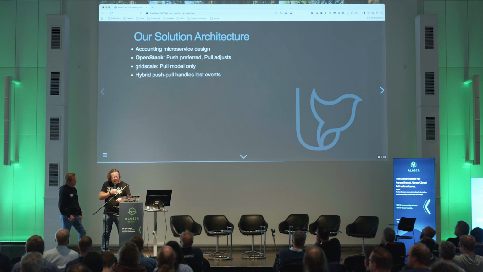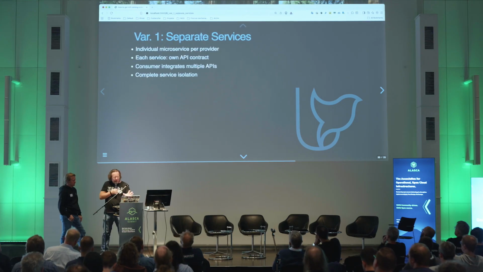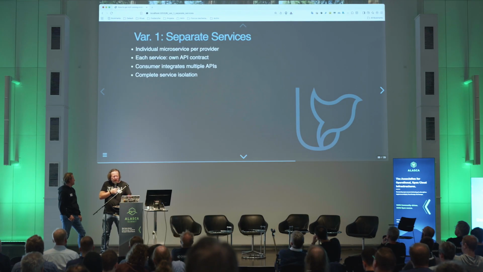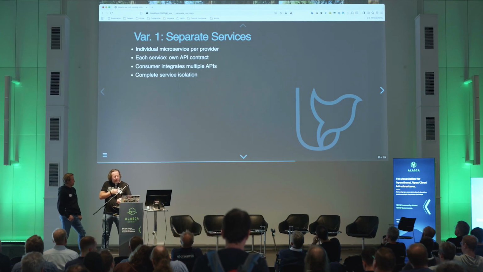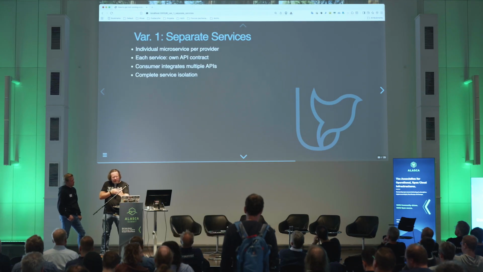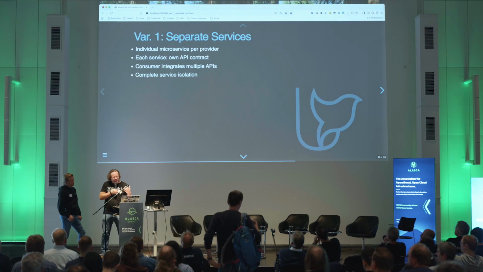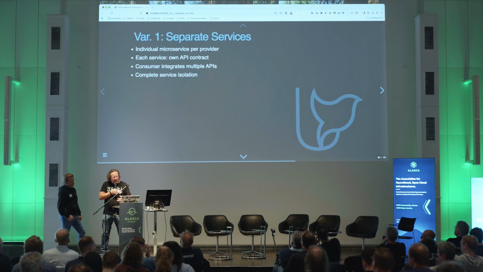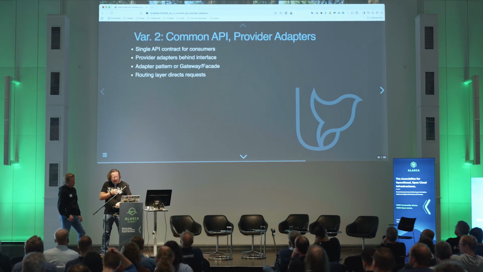As I said, I will focus on OpenStack, but we thought about several variants. We could just build completely separate services for each cloud provider, which has some drawbacks. You have to handle different APIs, consume different input data, and provide a complete isolation of the services.